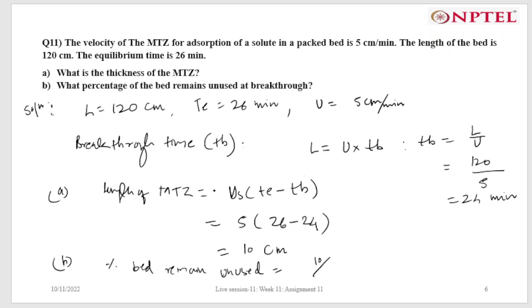Ten divided by initially 120, into 100, is 8.33%. All of you got this one? Yes, sir. 8.33%. Yes, sir.